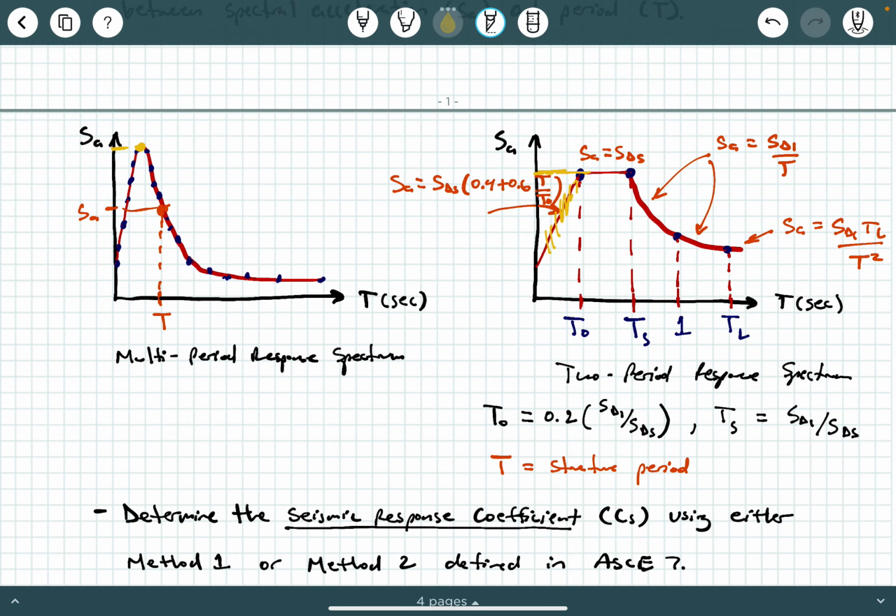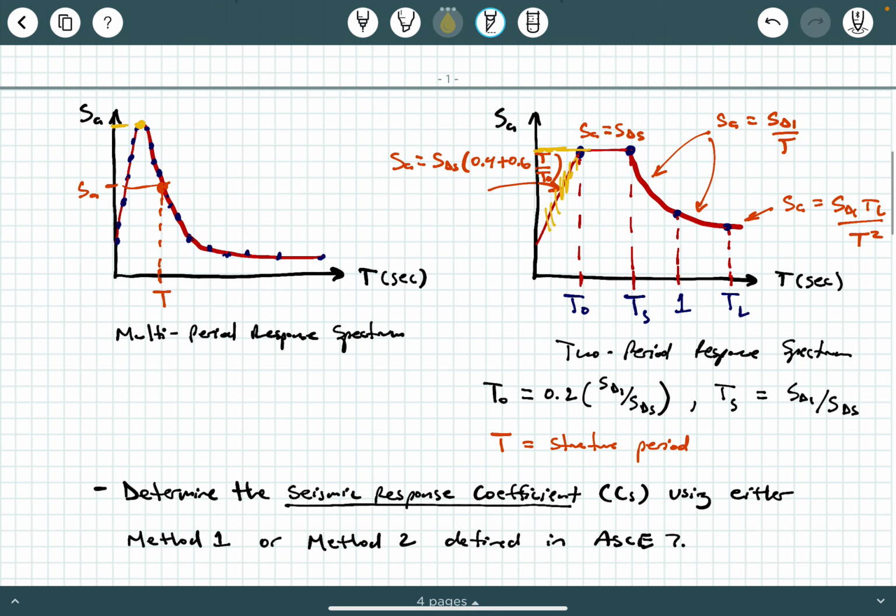What do we do next? Next, we determine the seismic response coefficient, which we call C sub S, using either method 1 or method 2 defined in ASCE 7. This is a little different from the previous version, ASCE 7-16. ASCE 7-22 has these two methods.